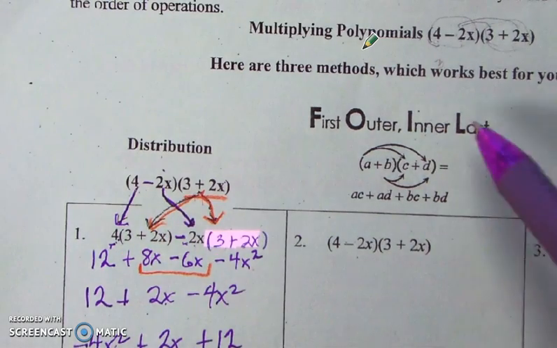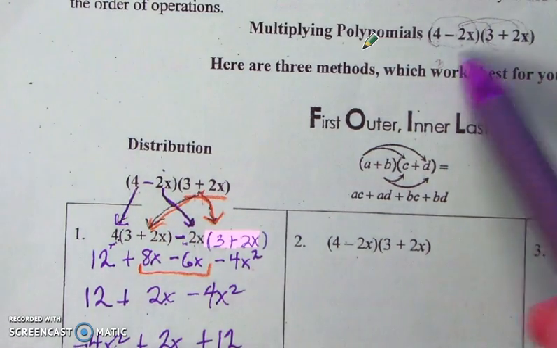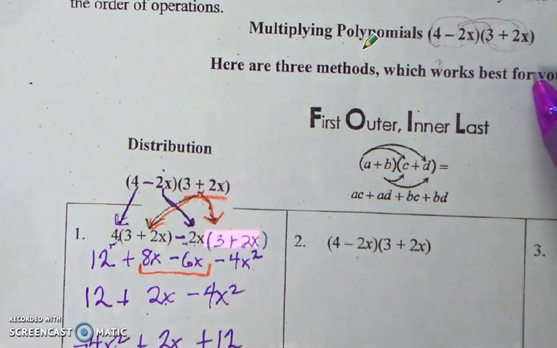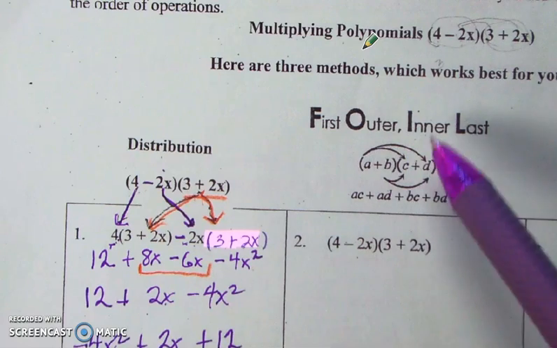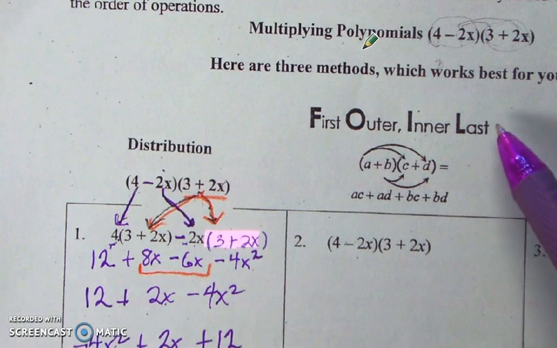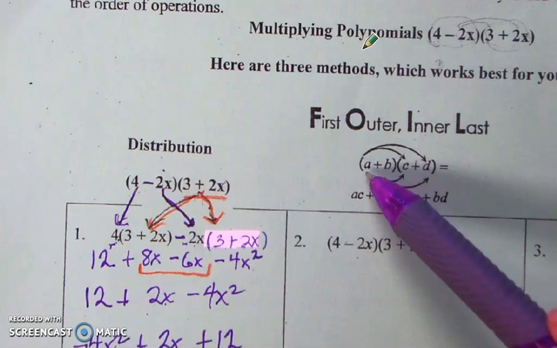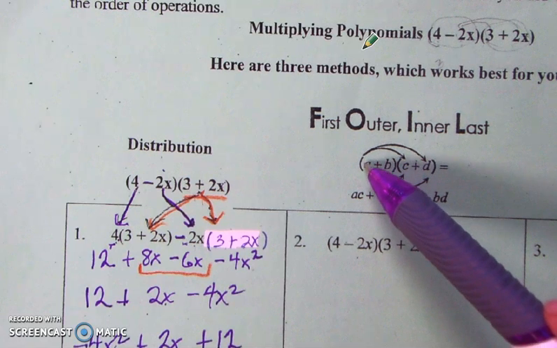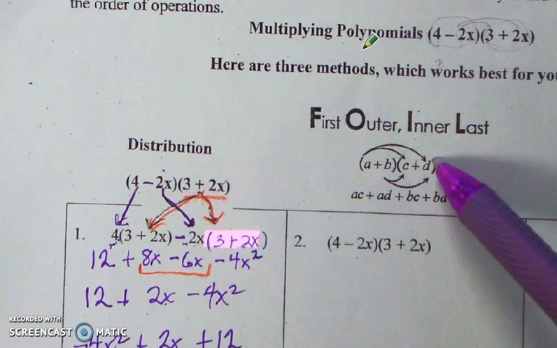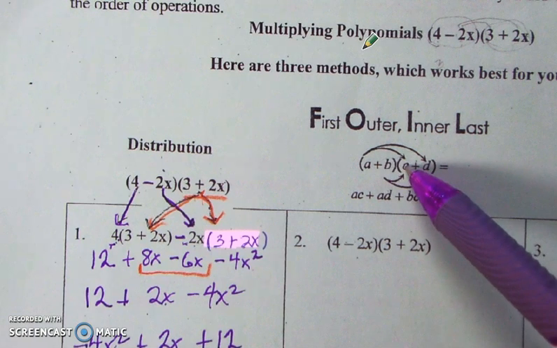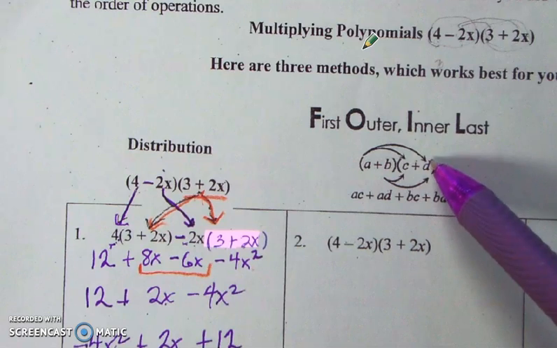Now, we're going to multiply the same two quantities, the same two polynomials, but this time we're going to use another method, and this is called FOIL. And FOIL means, first, we look at the first number, and we multiply it by the two outer numbers over here. So this gets multiplied by that, then it gets multiplied by that.